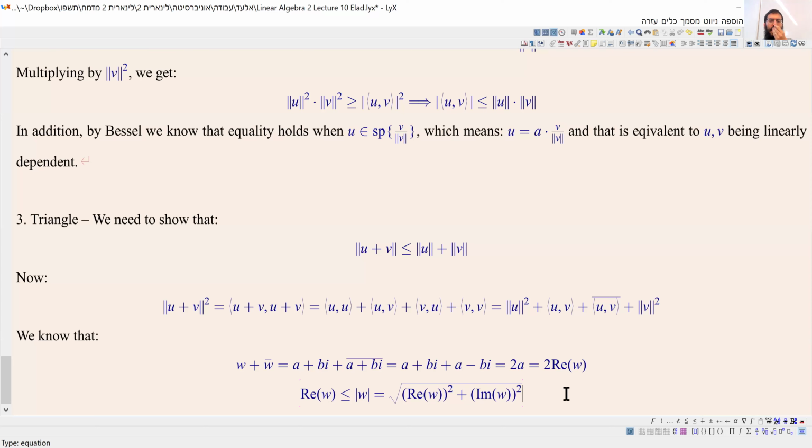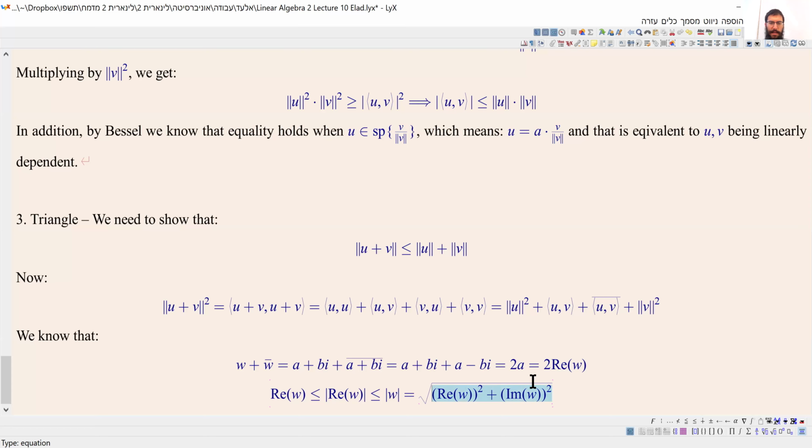It is the square root of the real part squared and the imaginary part squared. Let's write it down a bit differently, very explicitly. This is the absolute value of the real part of W. As always, the absolute value of a number is greater than or equal to the number itself.